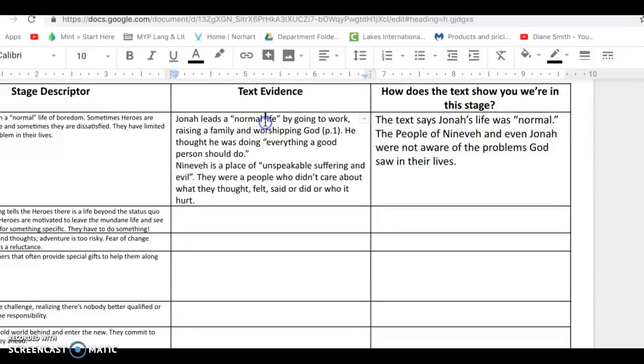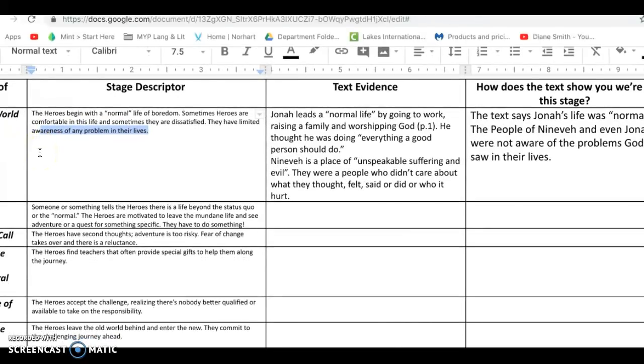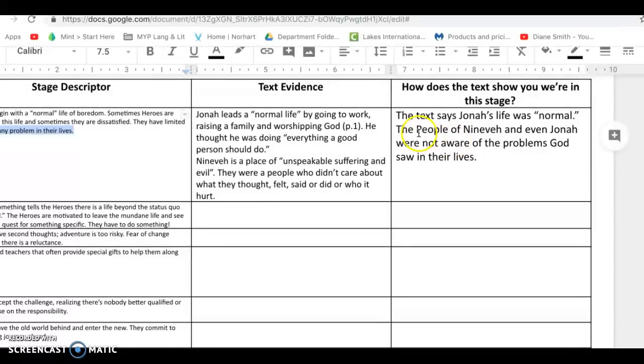I'm pulling from the text. And then I'm also using words and phrases from the stage descriptor: people are not aware of any problems in their lives. So the people of Nineveh are doing very nasty things, and they don't seem to know that it's hurting God and God's angry.